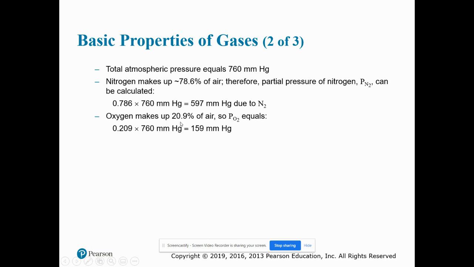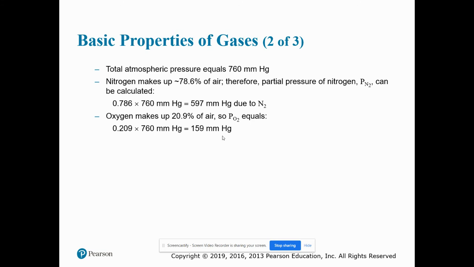Oxygen makes up 20.9%, so we do the same thing. 760 millimeters of mercury times 0.209 gives us 159 millimeters of mercury. Added together, that gives us 756.